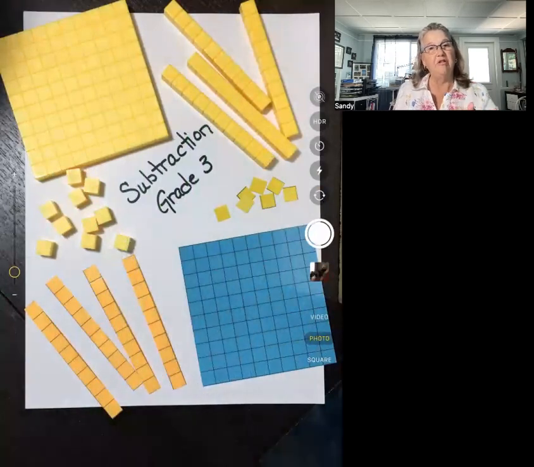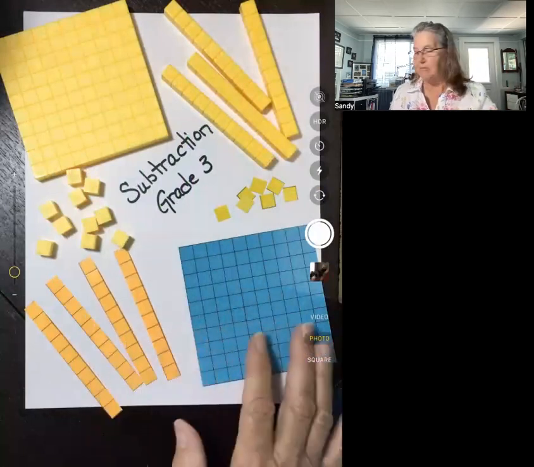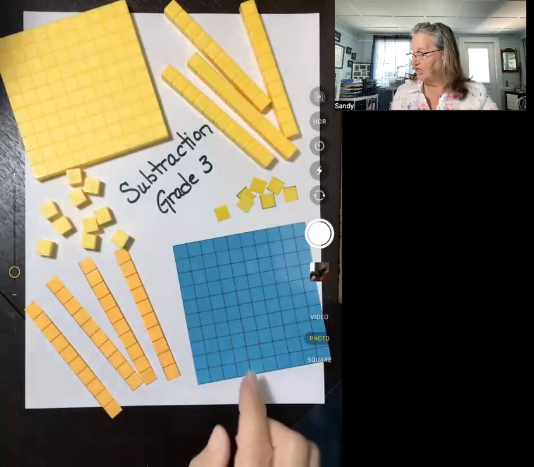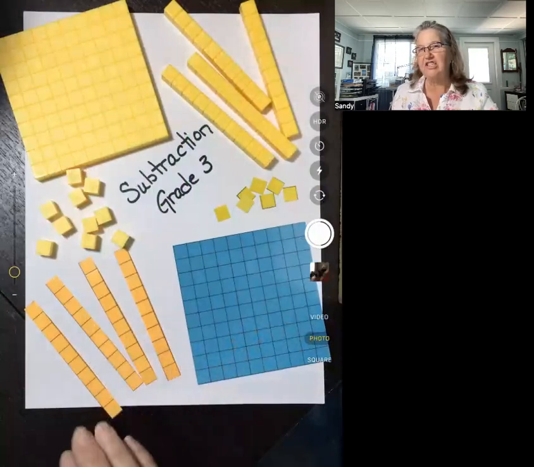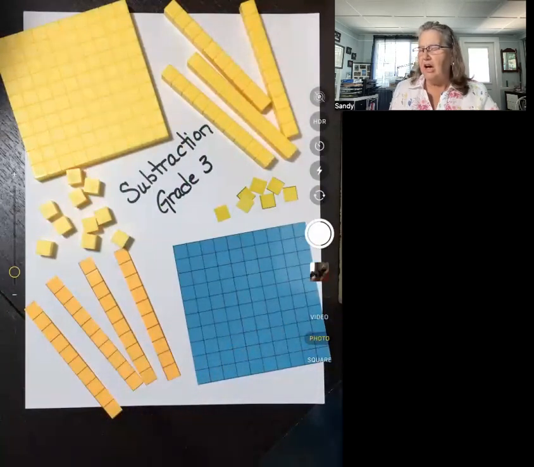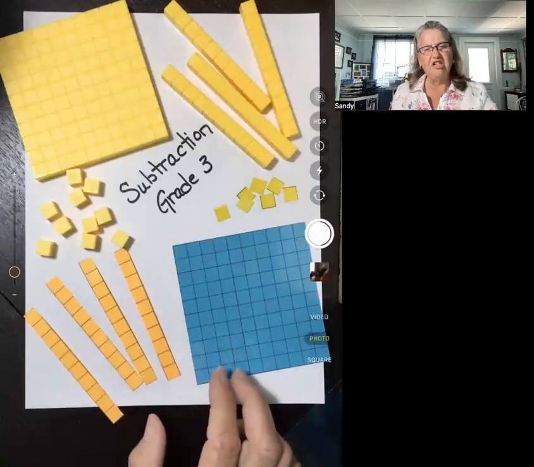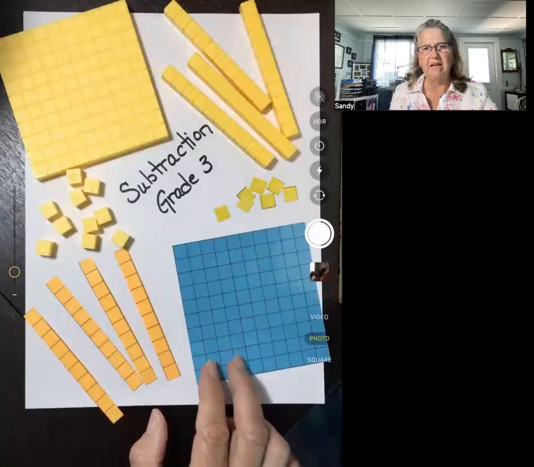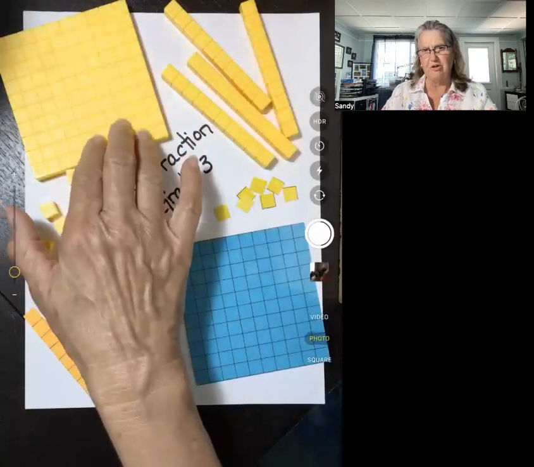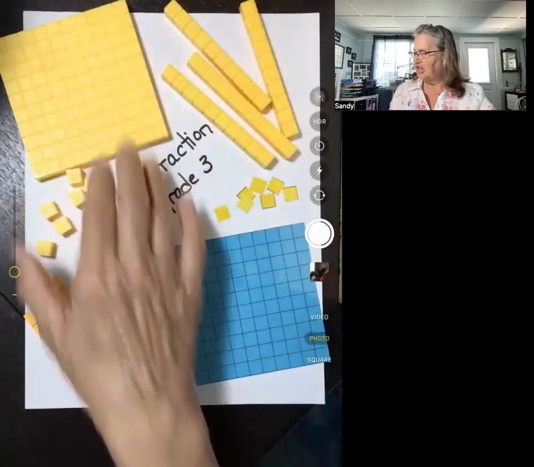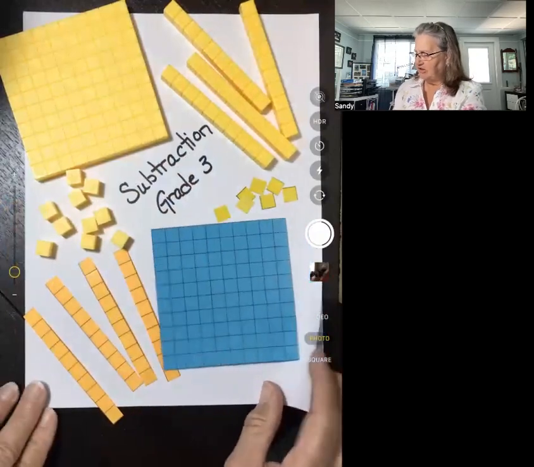As they move up through the grades, they also have a thousands block, a thousands cube. But I have paper versions I'm also wanting to show here, and I'd like you to see in this video a reason why we might use this version of the manipulative that's just been made out of centimeter grid paper versus this version of the material. So let's look at some of those strategies.